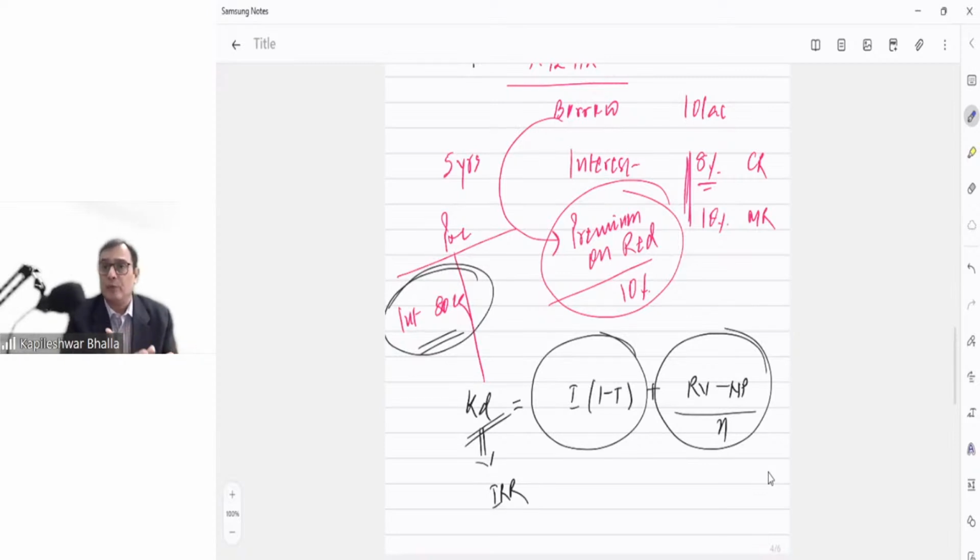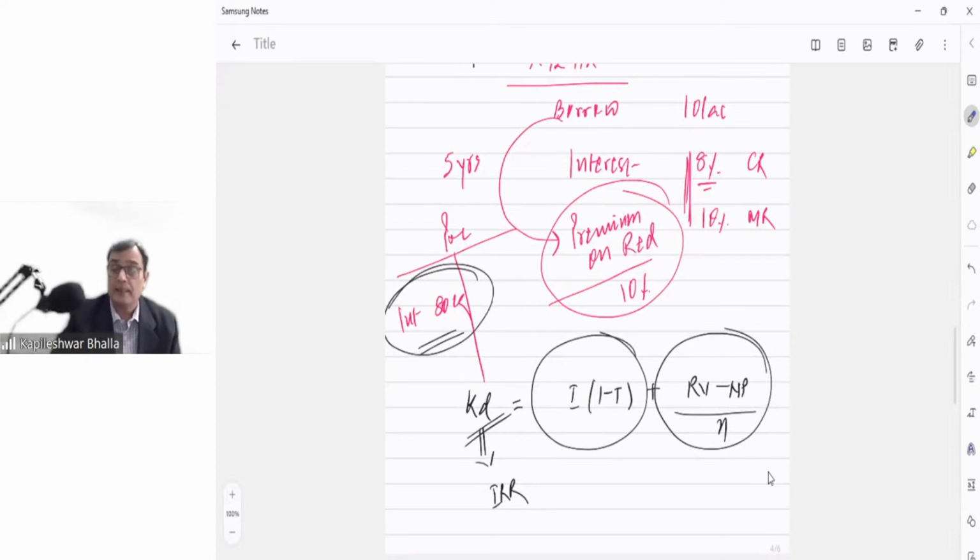So the only reason I pay this premium on redemption is to compensate for the 2% loss of interest. Otherwise, why would I pay it? So shouldn't the premium on redemption also be part of the effective rate of interest calculation? Should I not consider that there are two elements of the cost of debt, one is the interest and one is the premium on redemption?